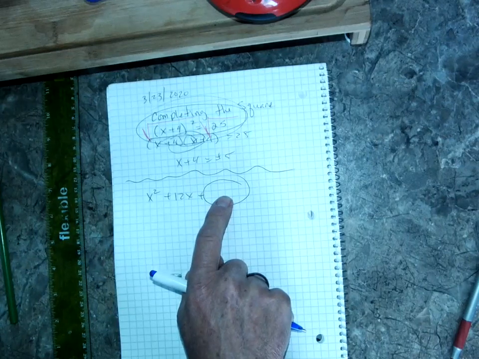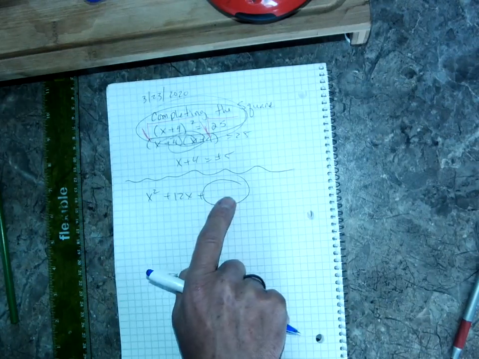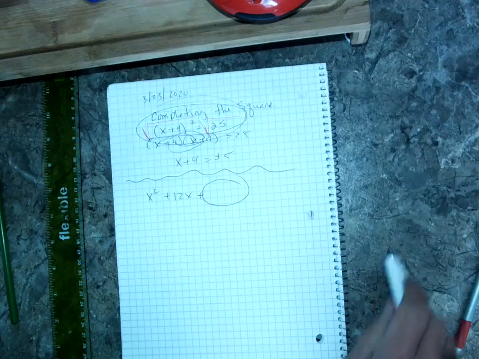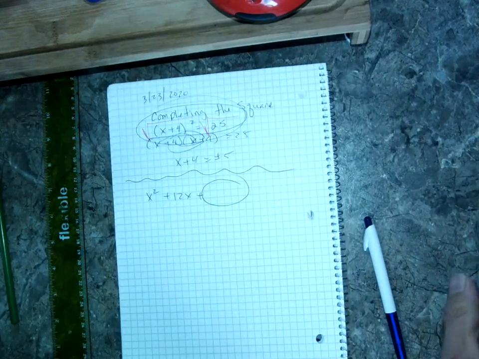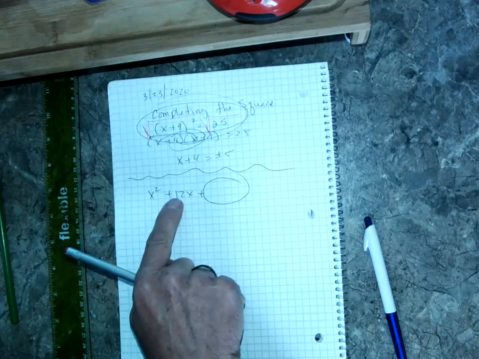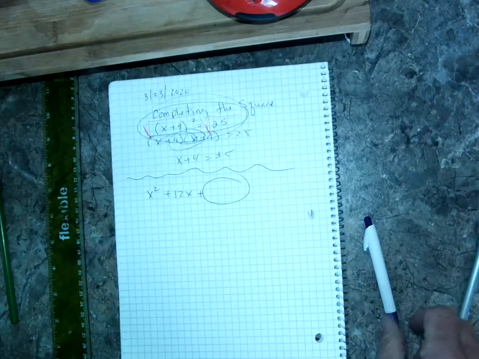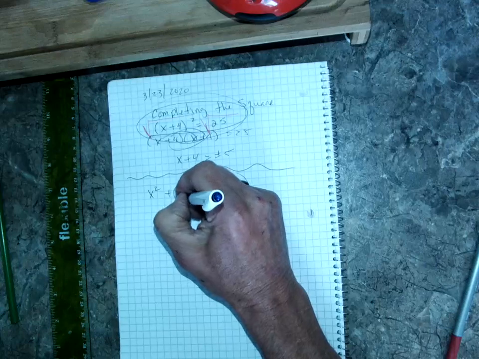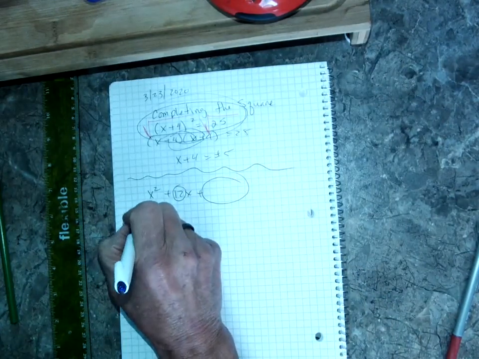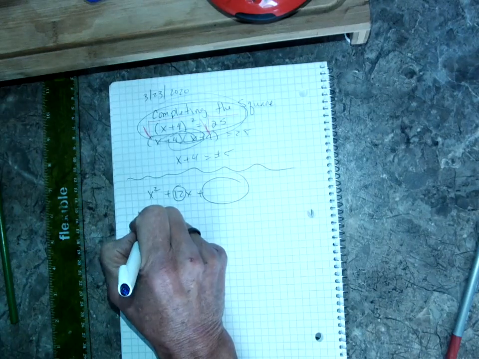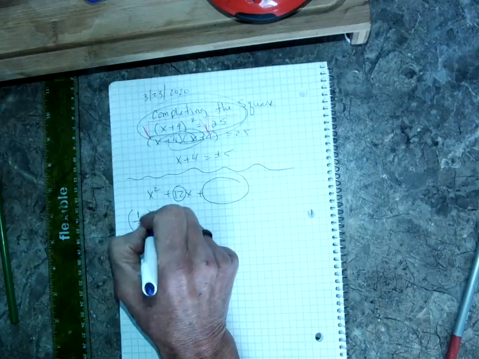Well, I know if this invisible number is 36, it'll factor nicely. But you can't see that. There is a trick, okay? There is our A, B, and we're going to try and make C. This number right here we call B, okay? So we're going to take half of B and we're going to square it, okay?